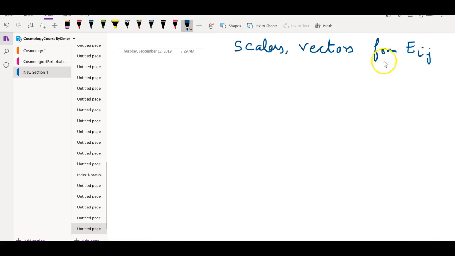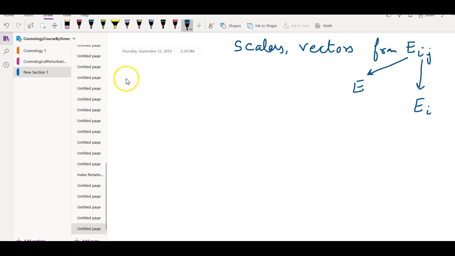So from the Eij tensor, we extracted a scalar E and we extracted a vector Ei. How are we going to do the Fourier expansion of these two?